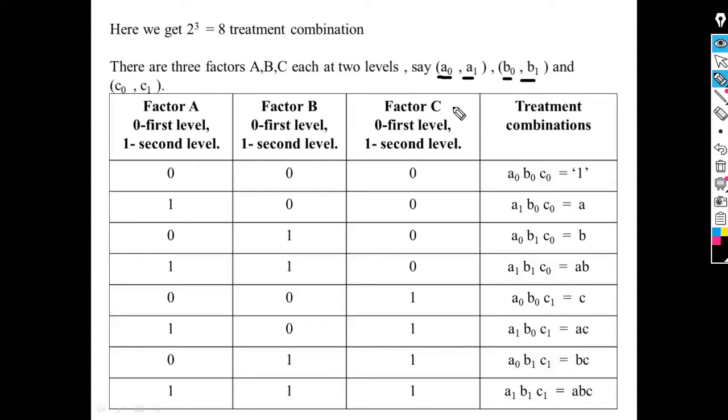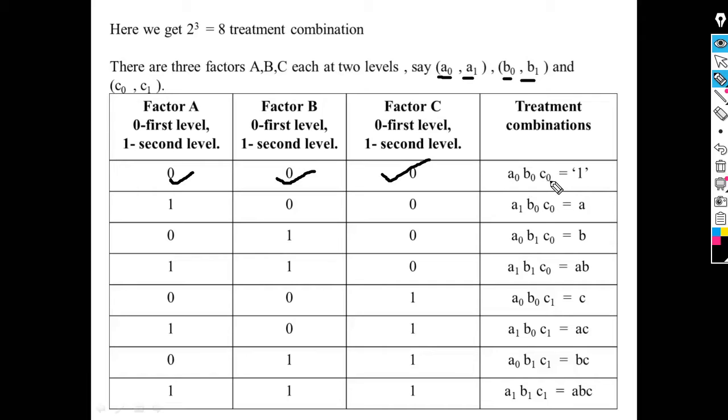Similarly for factor C, 0 is the first level and 1 denotes the second level, and for these different levels of the factors we get different treatment combinations. So here factor A is at first level, factor B is at first level and factor C is at first level. So we get the treatment combination A naught, B naught, C naught.